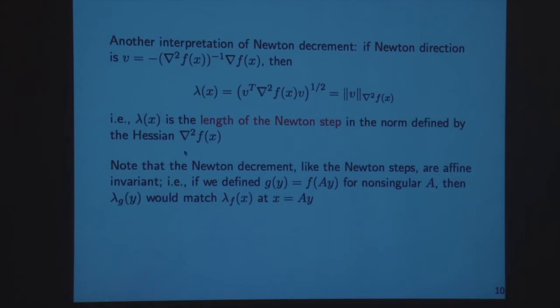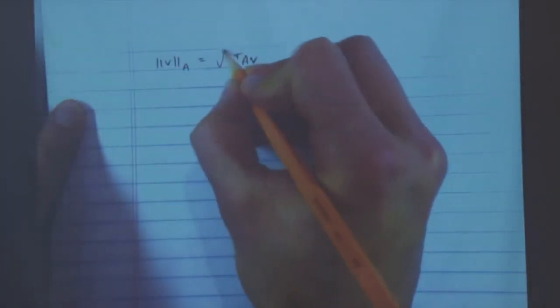It's in a norm defined by the Hessian. So what does it mean? The A norm of a vector, for a positive semi-definite A, we can define it like this. You might have seen this in statistics, sometimes called Mahalanobis distance.